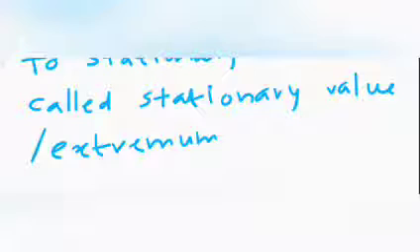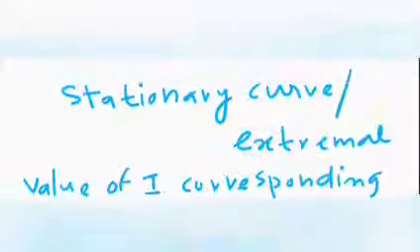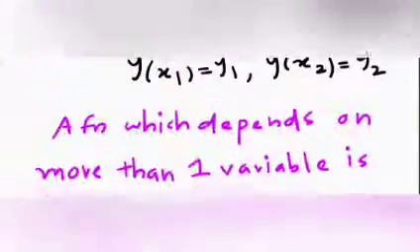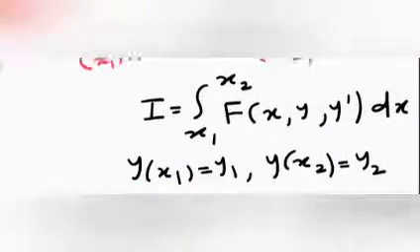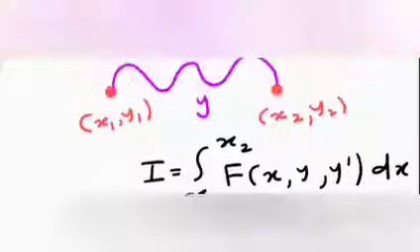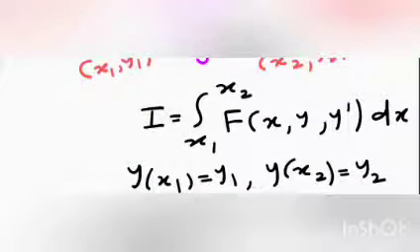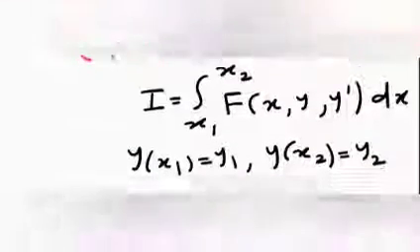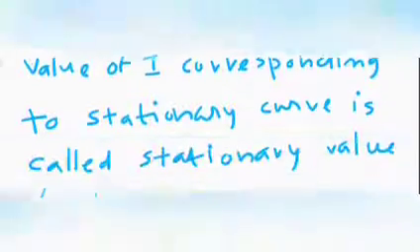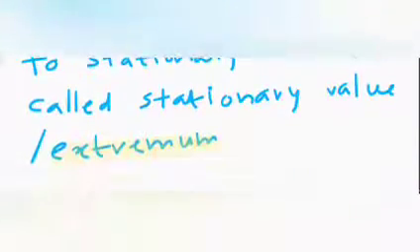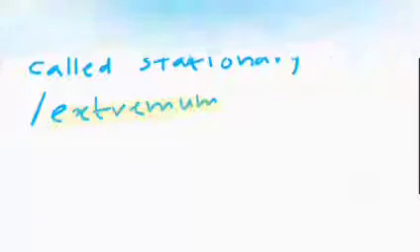So what we are doing in COV is we find a curve that extremizes this integral and satisfies these boundary conditions, and when we get such a y we put it here and find the extremized value of I, and such a value is called the stationary value or extremum.